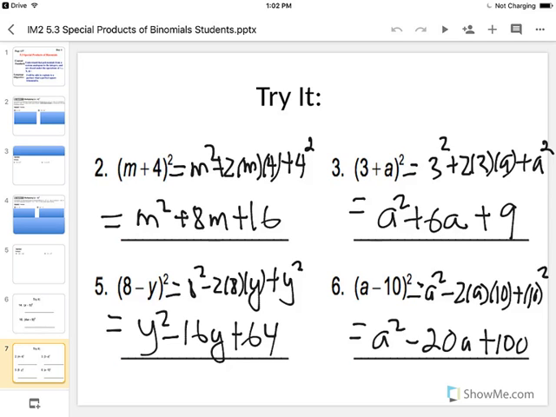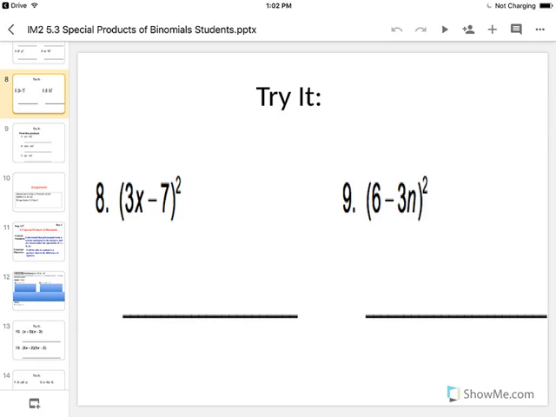Check your answers for numbers 2 through 6. Here are some more to try, so try these two.